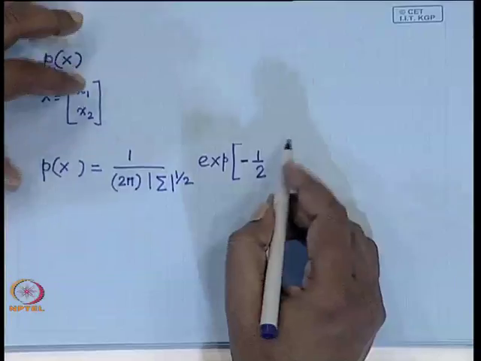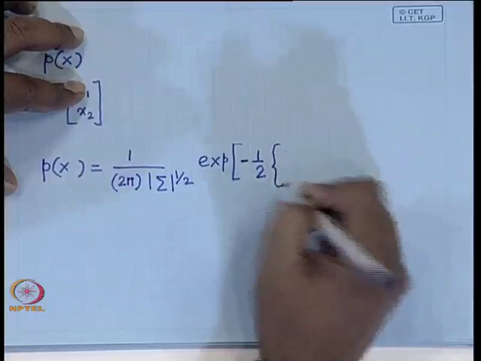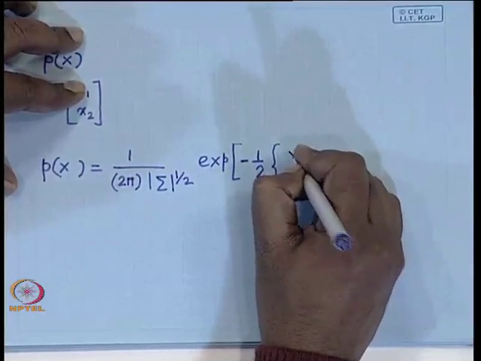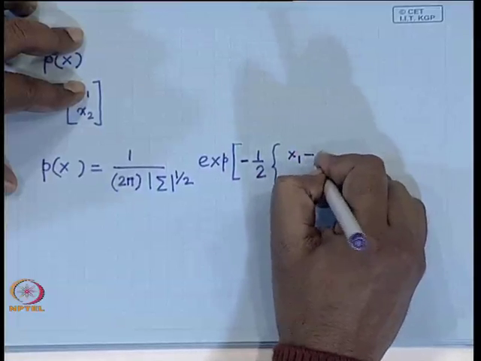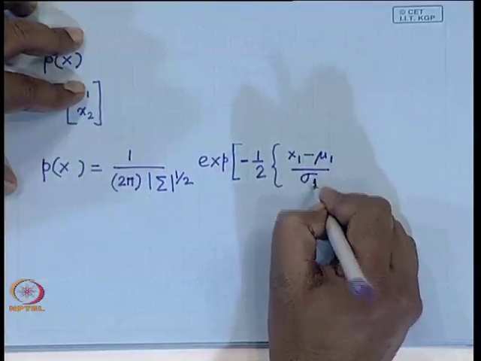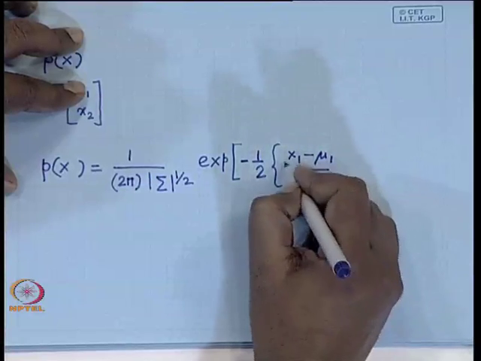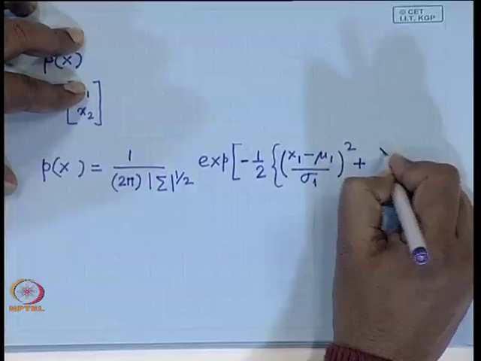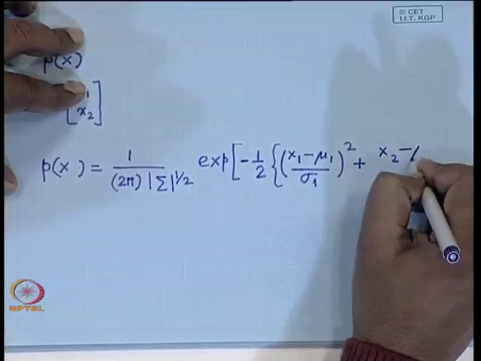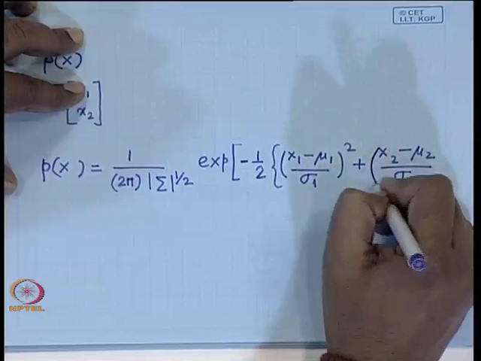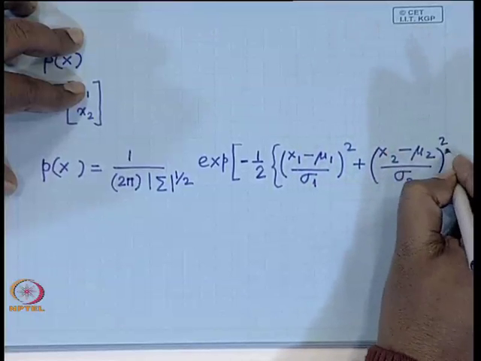This can be written in the form, now I have two components, one is x 1, the other one is x 2. So, x 1 minus mu 1 upon sigma 1, whole square, plus x 2 minus mu 2 upon sigma 2, whole square.